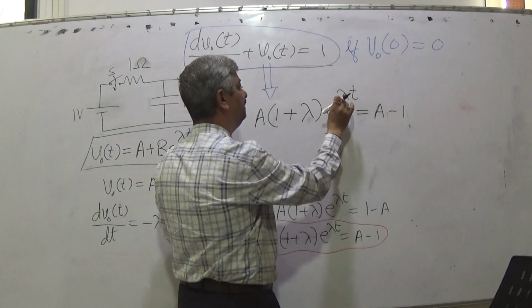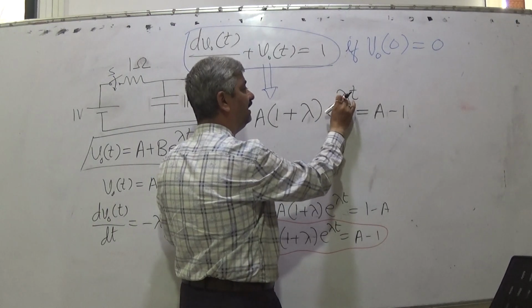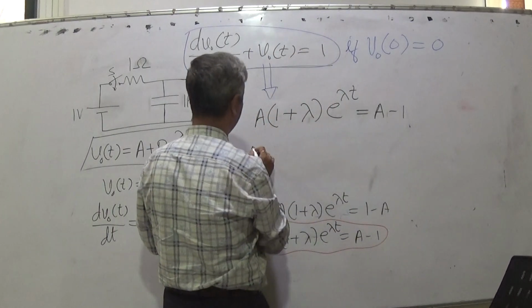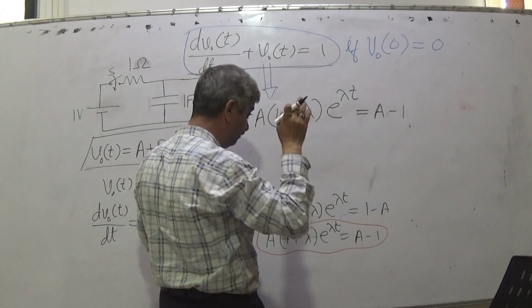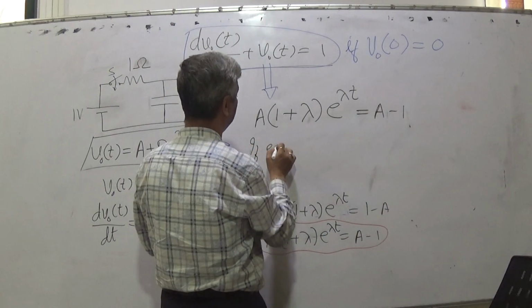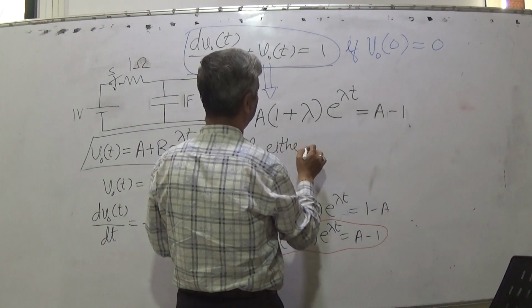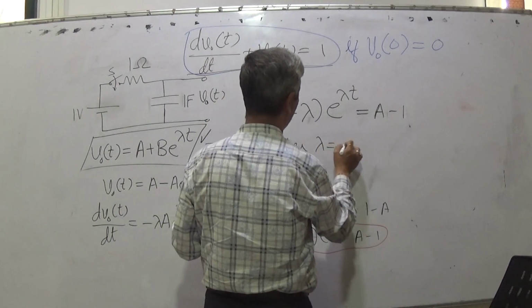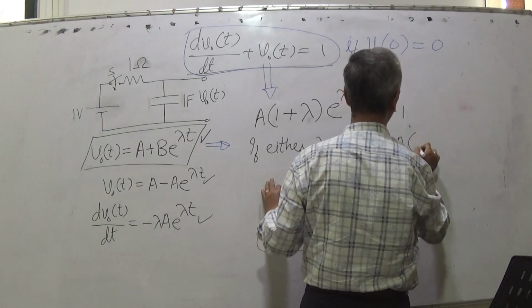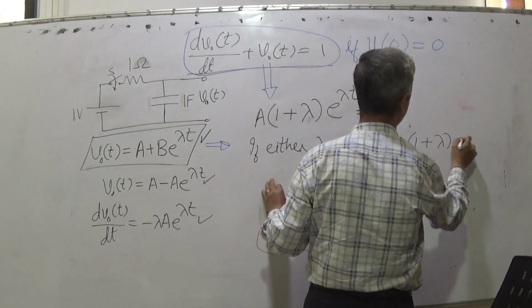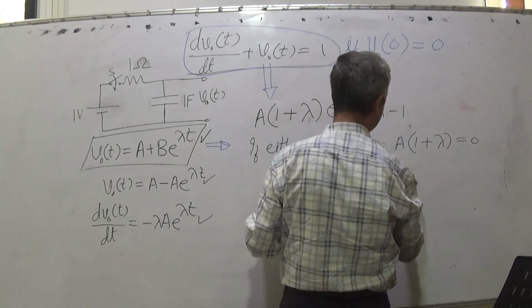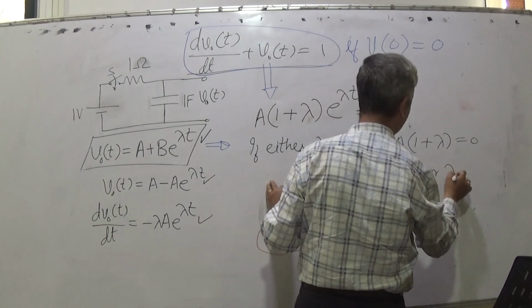When either lambda is 0, or again same thing, A into bracket 1 plus lambda is 0, means either A is 0 or lambda is minus 1.